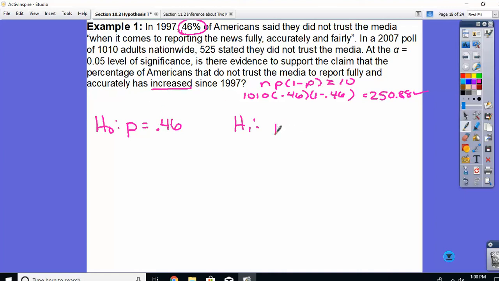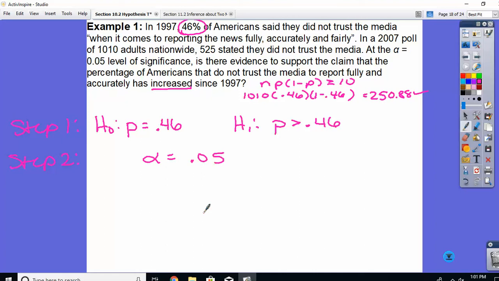So my alternative would be that p is greater than 0.46. Okay. If you look back at the steps I told you, step 1 was the null and alternative. Step 2 was your alpha, which is just given to you, so you just need to be aware. My alpha here is 0.05.